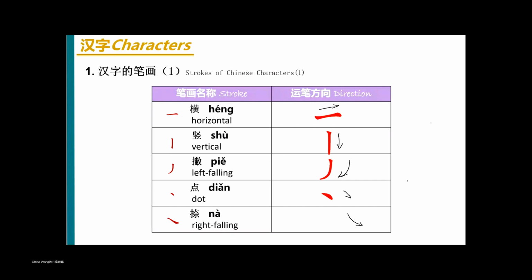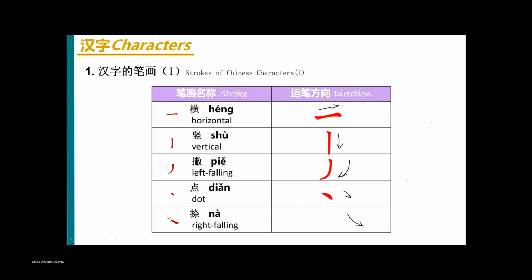And the last stroke is 捺. 捺 means a right falling. We can tell from this stroke that the left falling and the right falling look directly different. Right, so for 撇, first we write half 竖, and then it goes left. But for 捺, we don't write half 竖. 捺 is just a right falling.